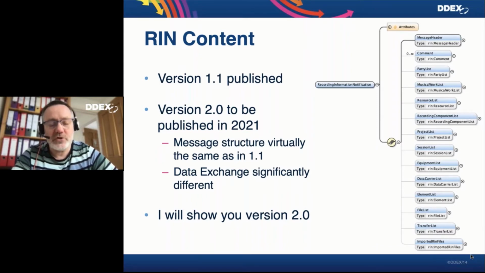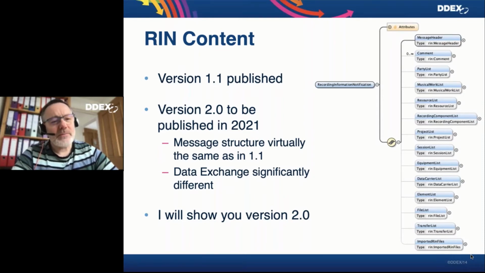The current version that has been published is version 1.1, which is just a very minor update to version 1.0. And we are in the process of publishing version 2.0. We're going through the last bit of editing within the relevant working group within DDEX, but I would certainly expect this to be published during the course of this year, in all likelihood before the summer even.